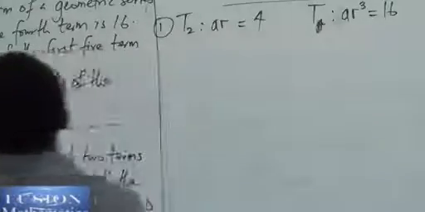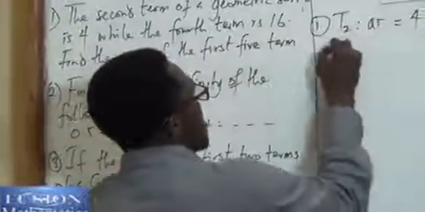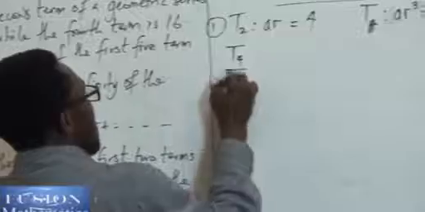We have the second and the fourth term. Now, for us to find the sum of the first 5 terms, we need to find a and we need to find the common ratio. So, for us to do that, let's divide the 2 terms, that is term 4 divided by term 2.